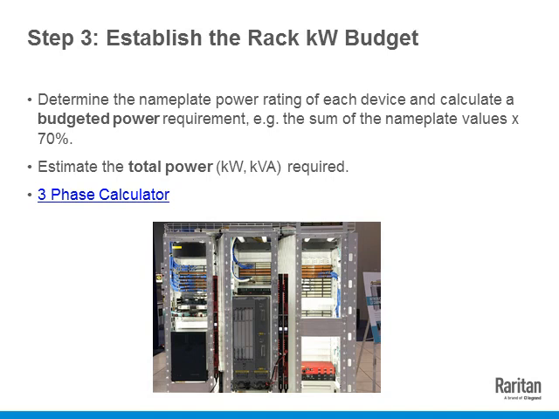Plug those numbers into the spreadsheet at different circuits and see how the power draw per rack is going to be in total. Within this calculator, you can also move things around to make sure all 3 phases are perfectly in balance. It's a very simple tool that we have a link to in this presentation that most of our customers have found very useful.